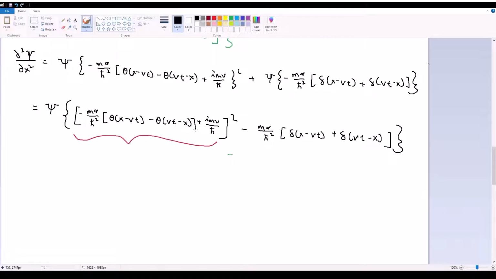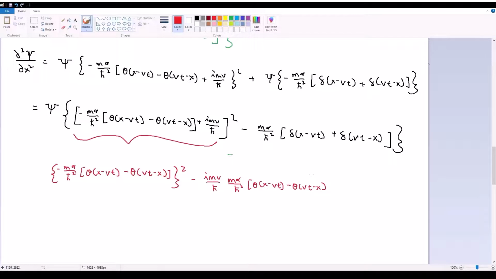Let's cap off this expression over here. So this is going to give me negative m alpha over h bar squared times theta of x minus vt, minus theta of vt minus x, squared, and then subtracted by i mv over h bar times m alpha over h bar squared times theta of x minus vt, minus theta of vt minus x.